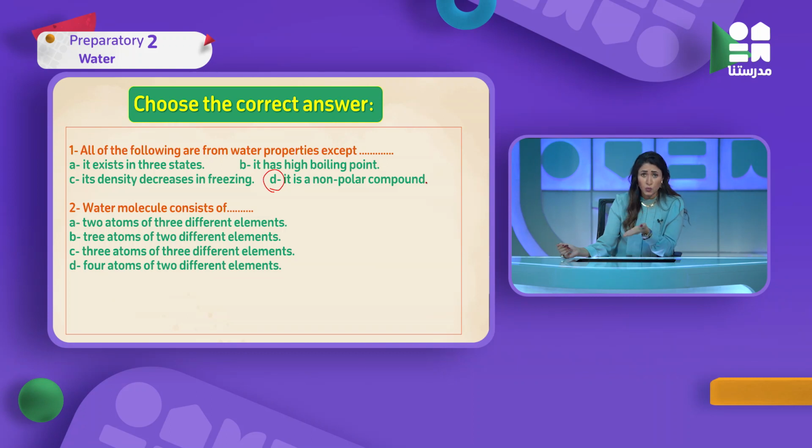Water consists of 3 atoms of 2 different elements, because I have 2 hydrogen and 1 oxygen. So our answer will be B. Okay, let's move on.